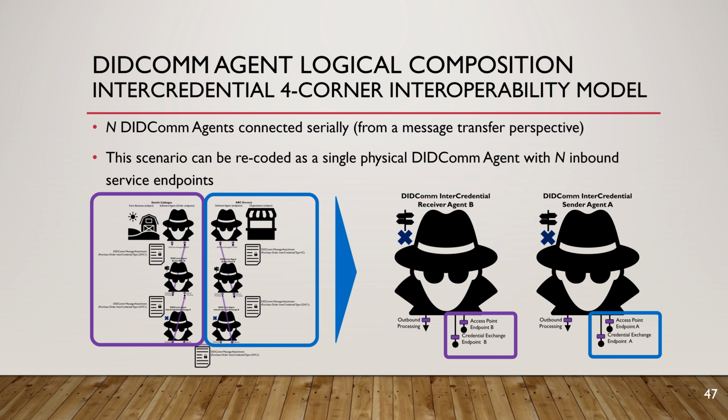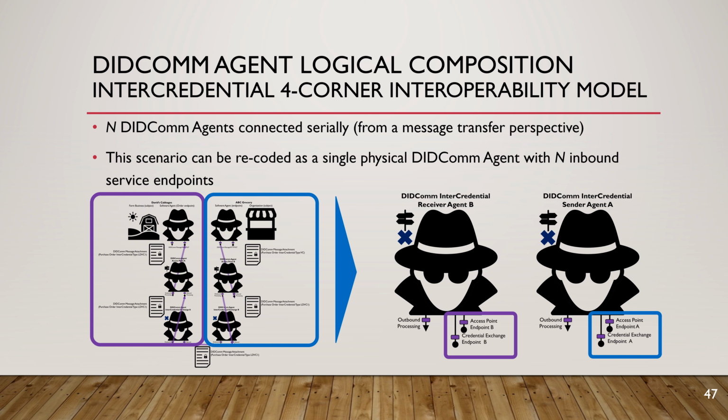So whenever you have that, and whenever they're running underneath the same set of keys, the same identity, it's possible to collapse those. So the scenario on the right can be collapsed or recoded as 2 single physical DIDCOMM agents with n inbound service endpoints each.